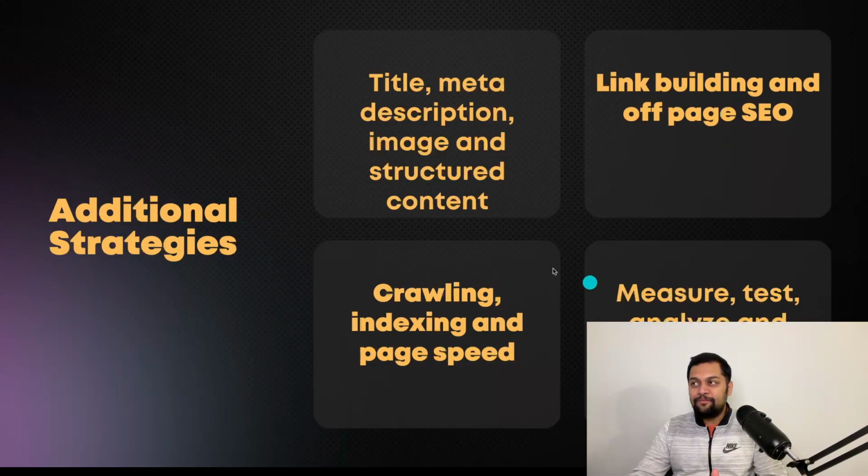What I mean is, you need to include your keywords in your titles, meta descriptions, and images, and start focusing on structured content so that you can rank for structured snippets. On-page SEO is about ensuring that the keywords you should be ranking for are actually there on your web page.